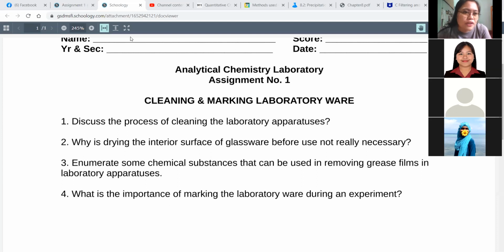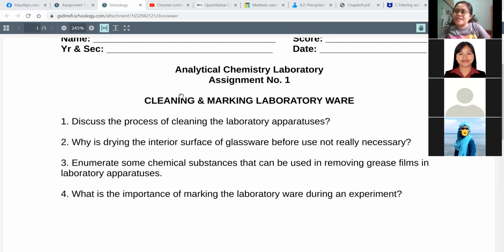I don't know if you have been doing this in the lab. Maybe you stop at tap water only. Whatever the contaminant in the tap water is will remain on our glasswares and cause variations or interferences during the analysis.